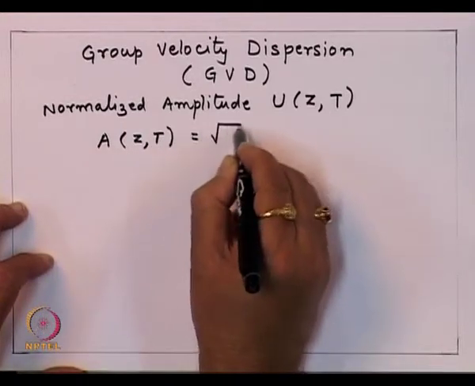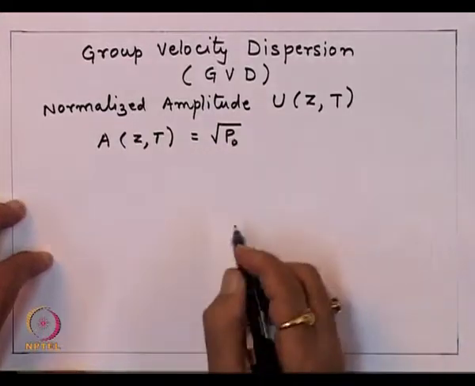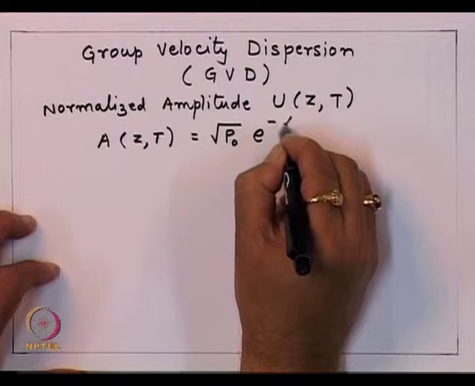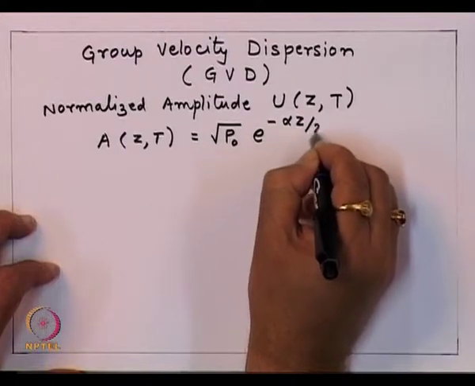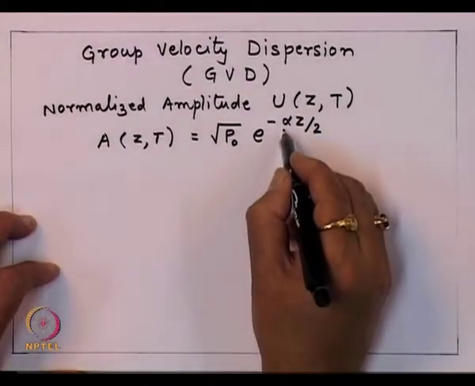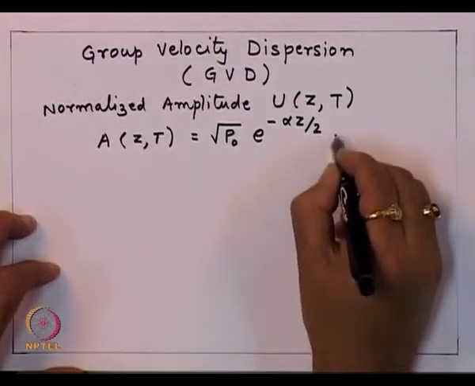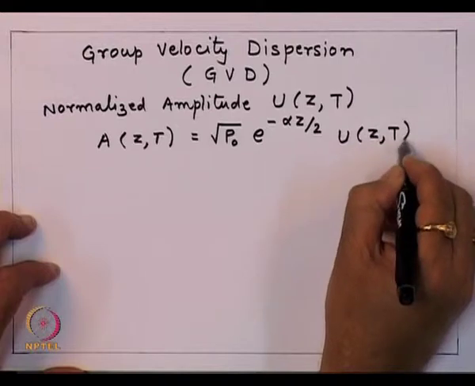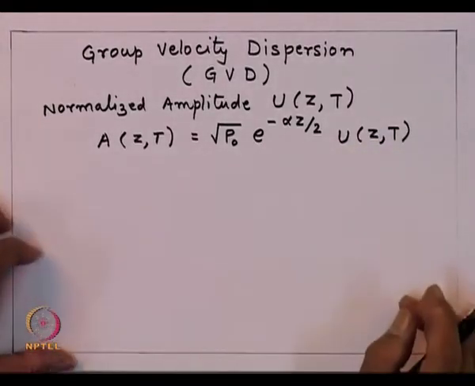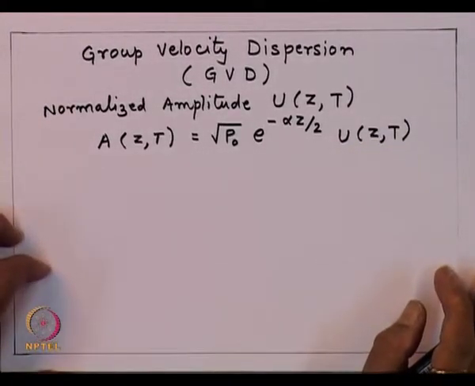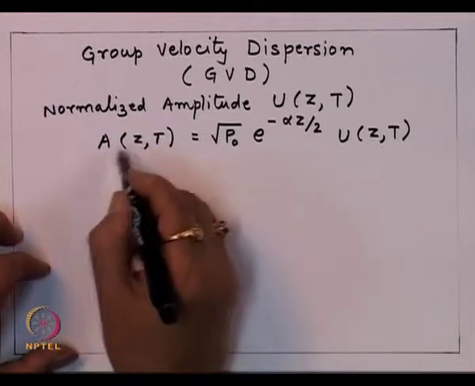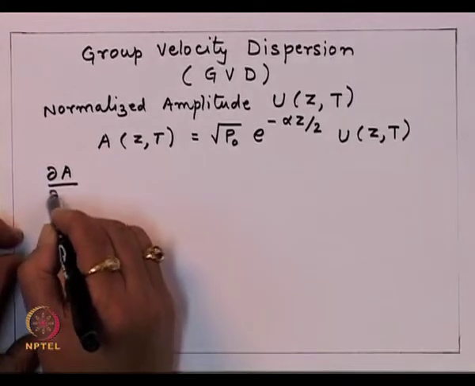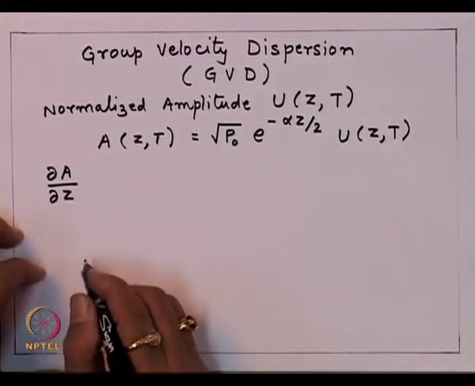So, the envelope function which we have in the nonlinear Schrodinger equation is related to this u as square root of P naught, which is the power in the pulse, e to the power minus alpha z by 2, where alpha is the attenuation constant of the optical fiber, times u(z, t). So, from here we can get dA by dz, that is what we require in the nonlinear Schrodinger equation.